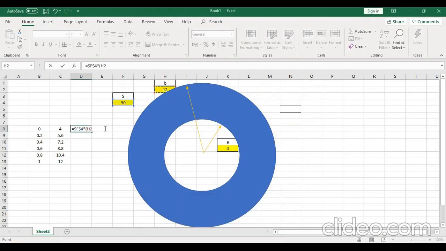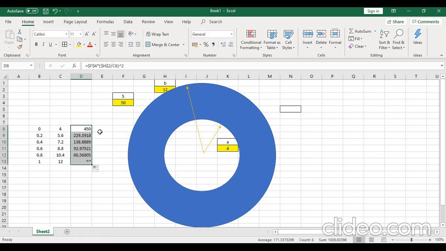So b also we want as static, so F4 by radius shift square. Okay, so these are the values, right? Let me just reduce this. So these are the values, so let me plot it.